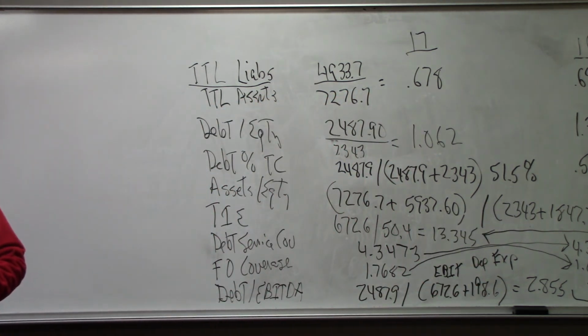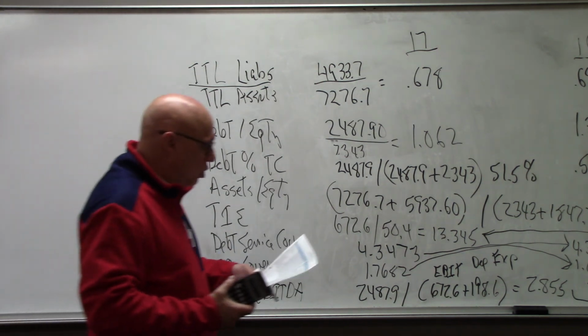So let's do these calculations on times interest earned again, just to make sure. 672.6 divided by 50.4, 13.34, and 559 divided by 20.9. And that's 26.7. Yeah.